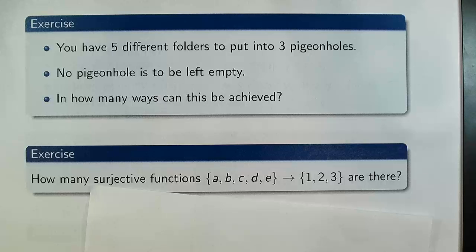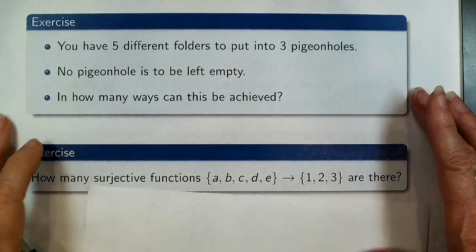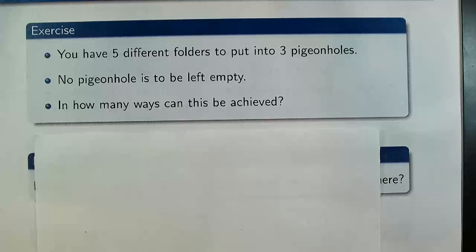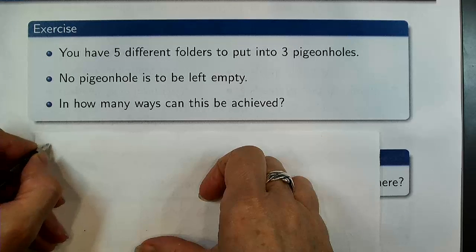I'm going to use inclusion-exclusion. It's not always obvious what you should use for a counting problem, but there is a hint here. I'm going to start with a couple of sets. I might call them P1, P2 and P3. That would be a nice way to do it.